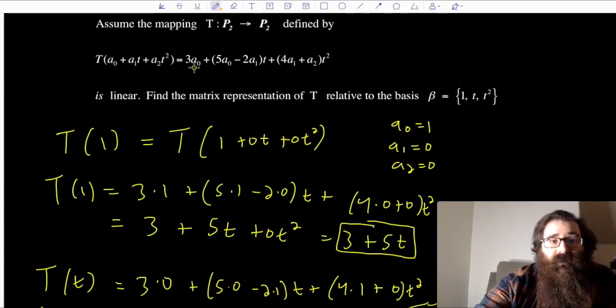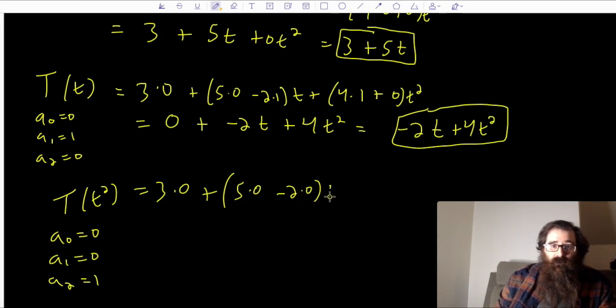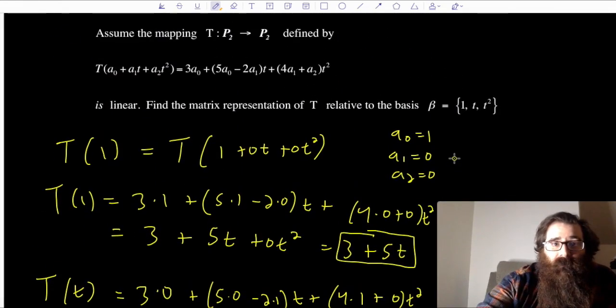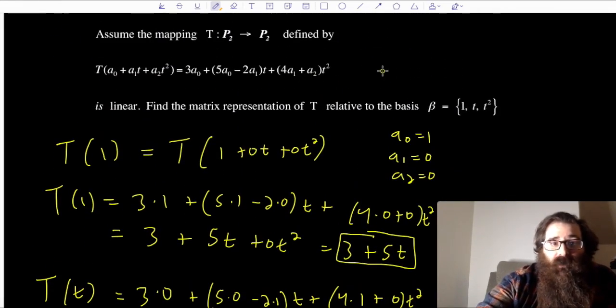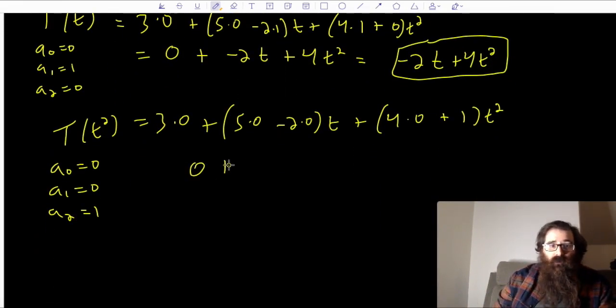So it's going to give me 3 times 0 plus 5 times 0 minus 2 times 0 times t, plus 4 times 0 plus 1 times t squared. And when I go and clean this all up, it's going to give me 0 plus 0t plus 1t squared. Or we would probably want to just write this very cleanly as t squared.